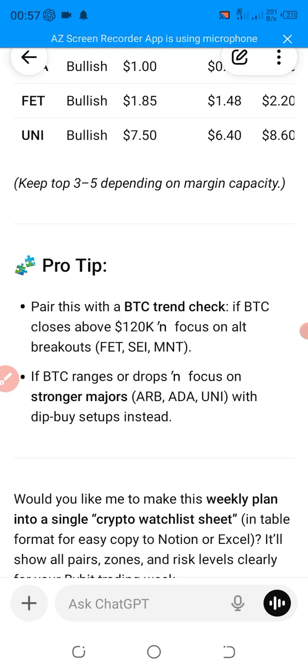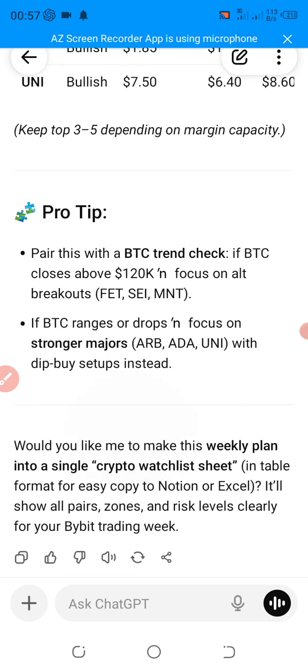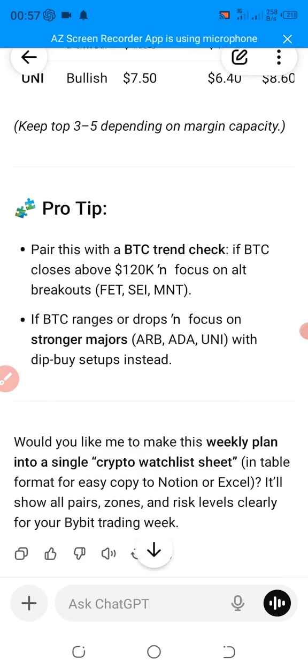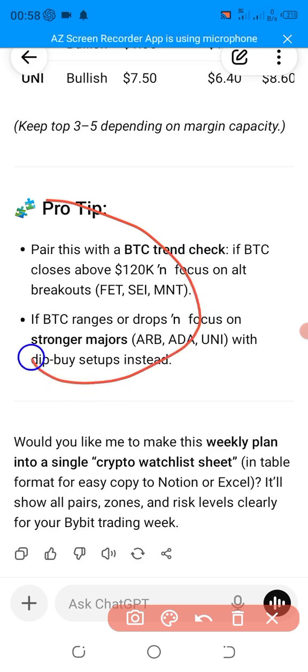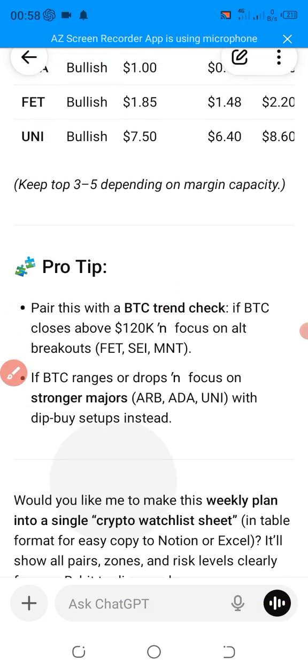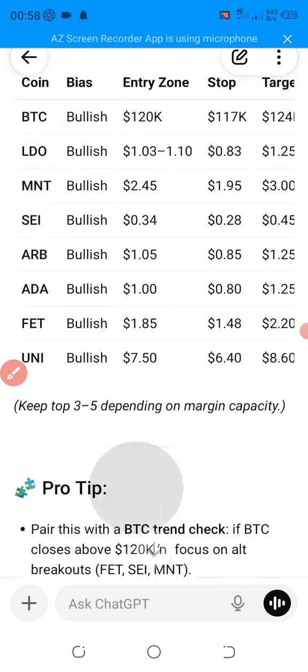If BTC closes above $120,000, focus on altcoin breakout. You can see it said if BTC ranges or drops, focus on stronger majors. So it's giving me advice based on the setups it has given me. It's giving options. You can see this is mind-blowing.